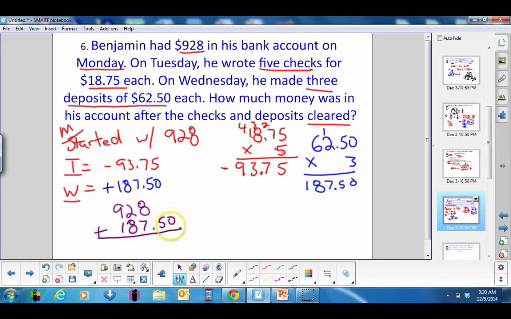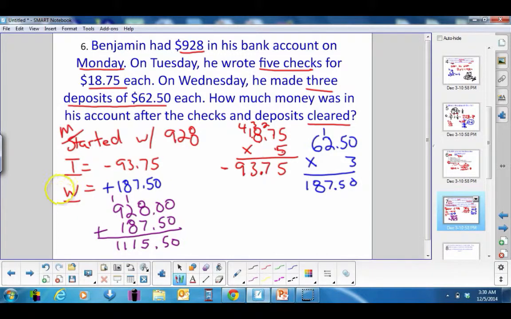I know I've got placeholders up here. This looks like 50 cents. 8 plus 7 is 15. Carry the 1. 2 plus 8 is 10. 10 plus 1 is 11. Carry the 1. 1 plus 9 is 10. 10 plus 1 is 11.